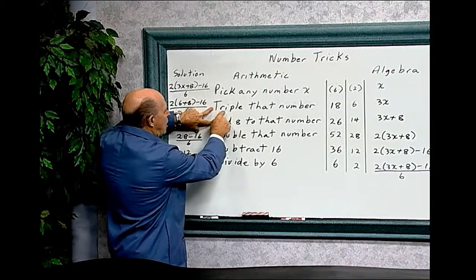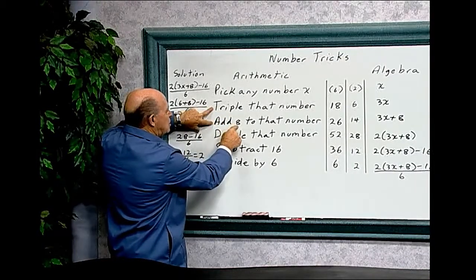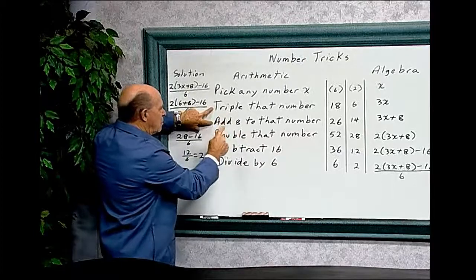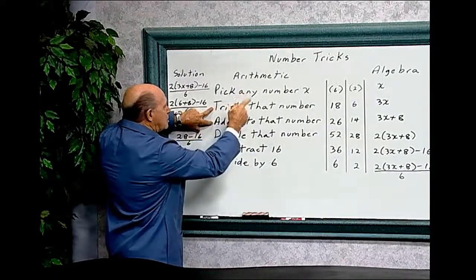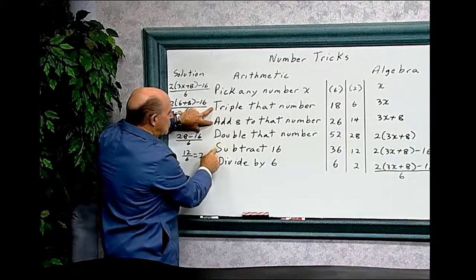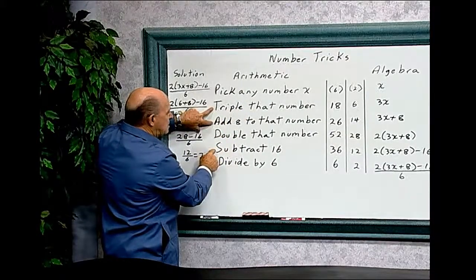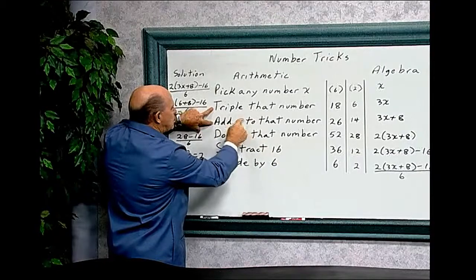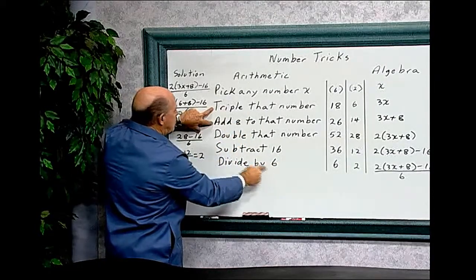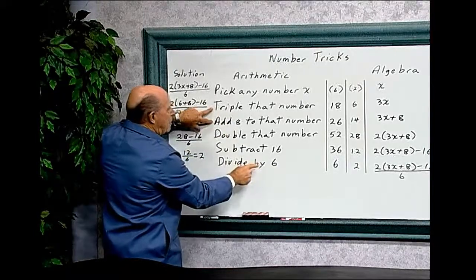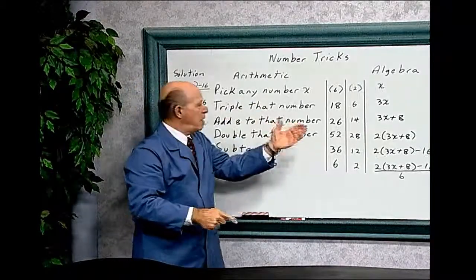You're making this 6 times, and you're making that 16. You see that? When you double that number now, you're doubling this too, but we don't know what that is. Then you subtract 16, so that's this double 8 that you added, and divide it by 6 because you doubled this triple number, then you end up with the same x.